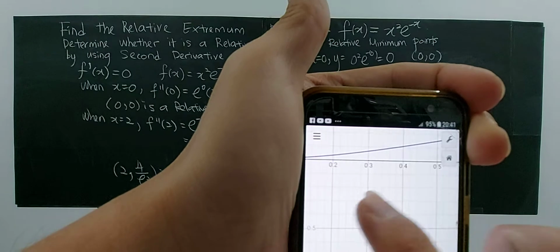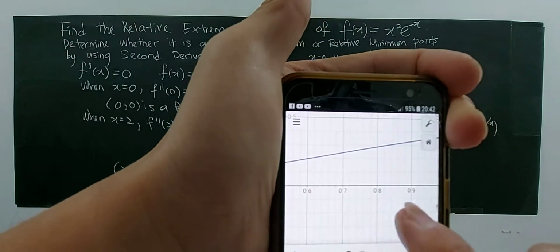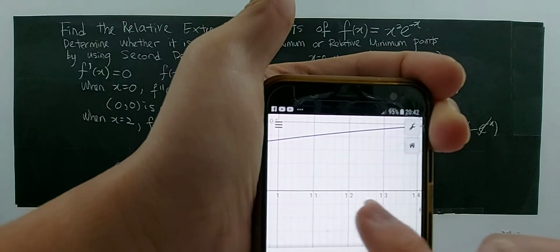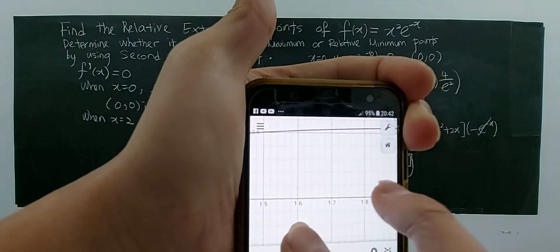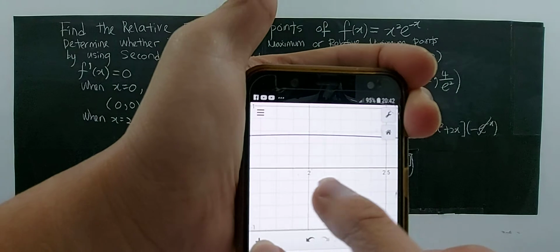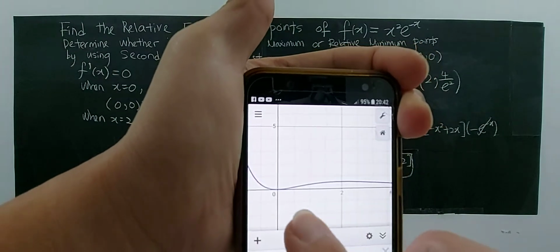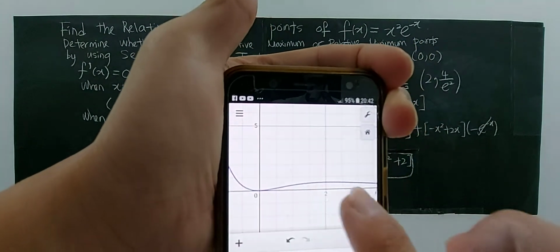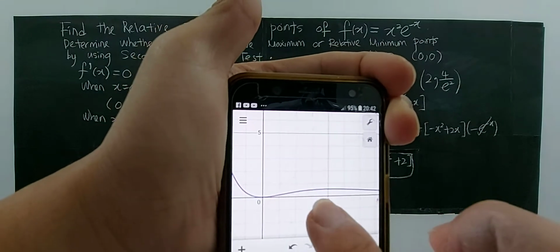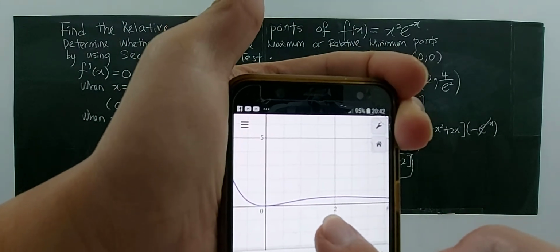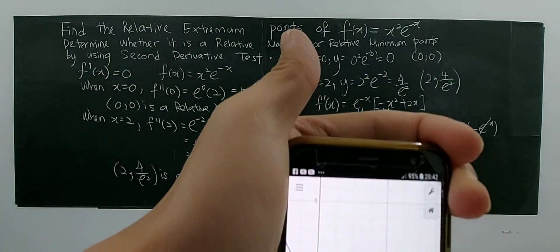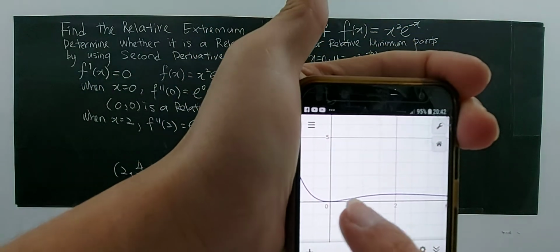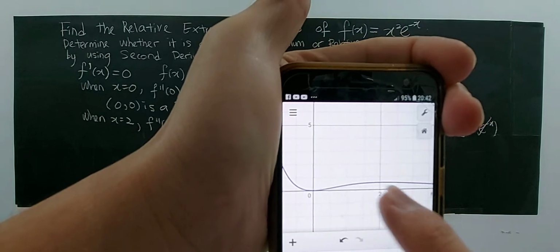If you keep going, you will see another stationary point where the graph increases, then suddenly decreases. Can you see the graph curving, moving up, then going down? The point x equals 2 with y equal to 4 over e squared is a stationary point.